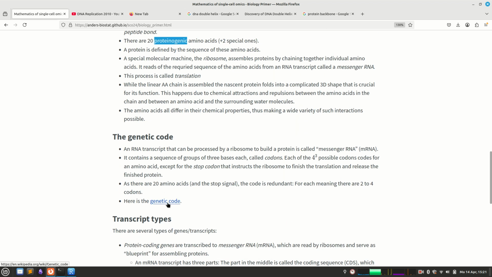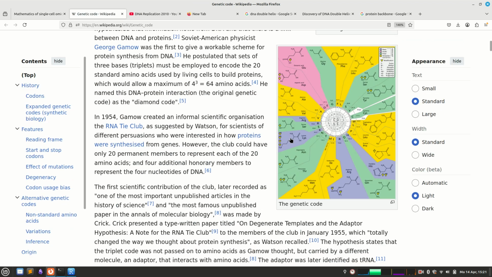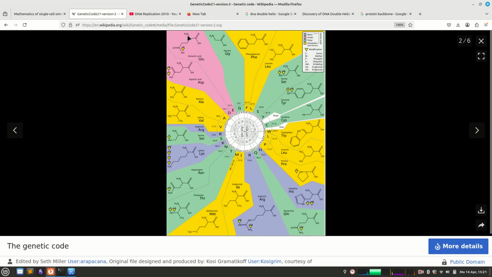So let me show you first here the famous genetic code. These 20 chemical molecules around are the 20 amino acids that are used in living cells to produce proteins by chaining them together in a long chain of 30, hundreds or even thousands of them.